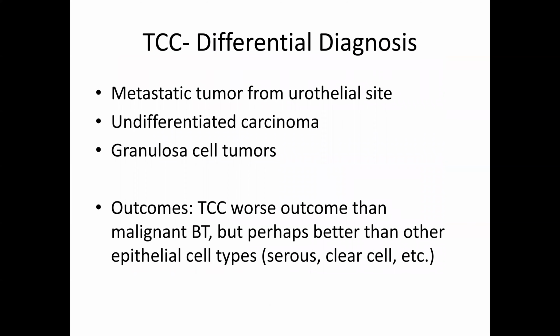Considerations in terms of differential diagnosis would be metastatic tumor from urothelial location, relatively rare, undifferentiated carcinoma, high-grade serous carcinoma, undifferentiated carcinoma, granulosa cell tumor, maybe. Usually this would be more malignant looking than most granulosa cell tumors. Certainly transitional carcinoma has a worse outcome than a malignant Brenner tumor, but that may just be due to the other cell types that can be associated with it.